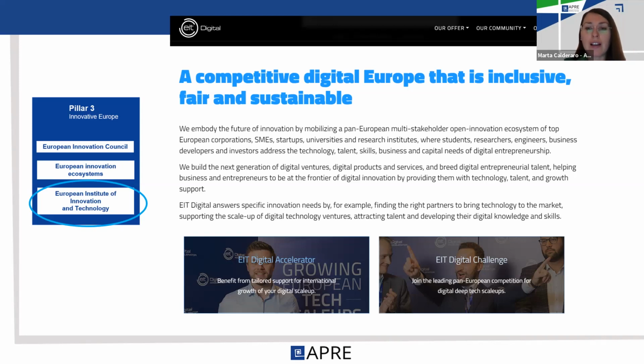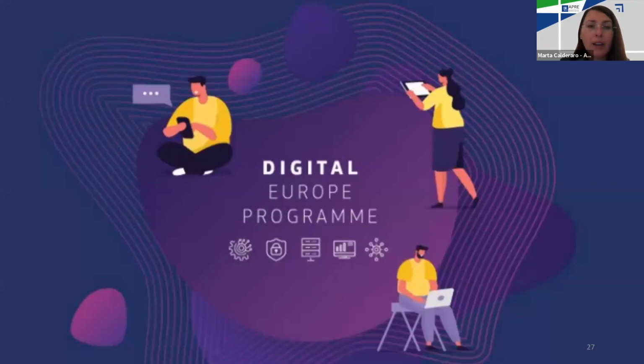We have dedicated schemes that are more similar to cascade funding, where the opportunities are also to collaborate with a small number of small and medium enterprises, or as mono-beneficiaries. So I really encourage you to have a look at what the European Institute of Innovation and Technology, in particular EIT Digital, is launching for you now. There are several opportunities open right now.